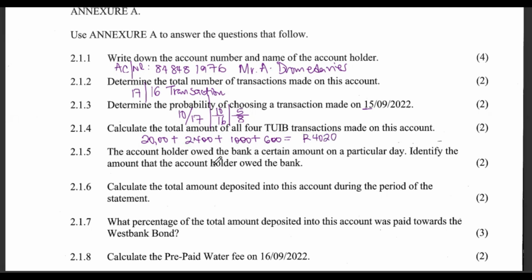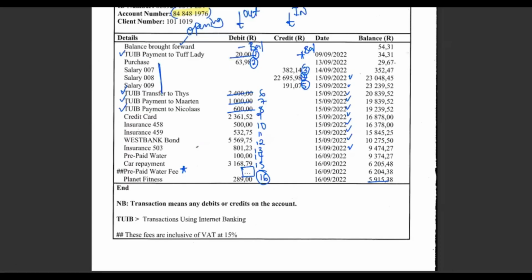The account holder owed the bank a certain amount on a particular day. Identify the amount that the account holder owed the bank. All right, let's come and see. First and foremost, you look at the amount that has a negative sign.